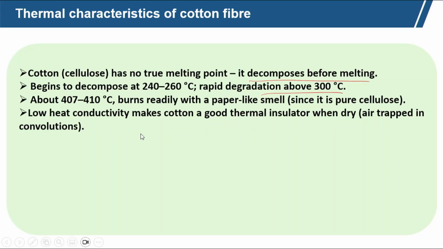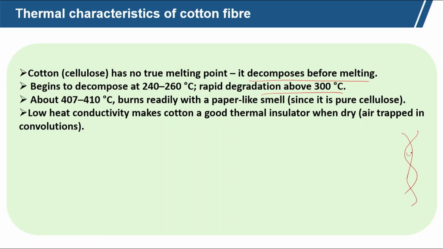It is highly insulating. So, low thermal conductivity makes it a good thermal insulator when dry. It is due to air entrapment in the convolution, due to the convoluted structure.